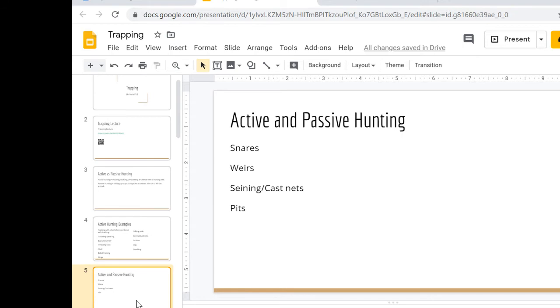Active and passive hunting. Now, some of these can be used actively and passively. So snares, especially if you're using teamwork, you can run an animal towards a snare and hope that your snares catch them, so they don't just have to be used for passive hunting. Same thing with weirs. A weir can be a W or an M design or a V design.